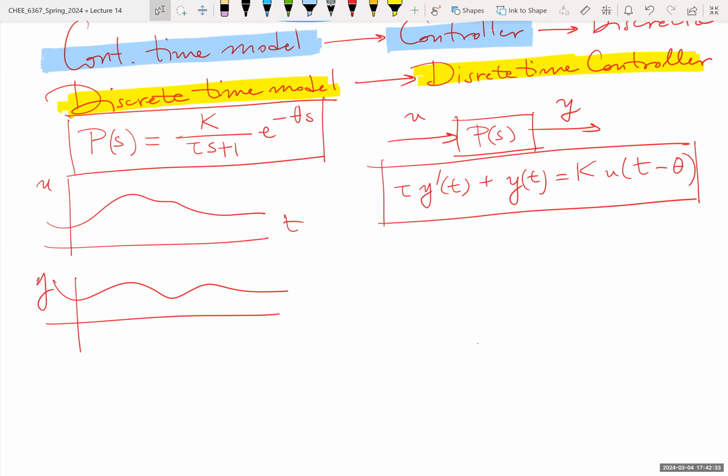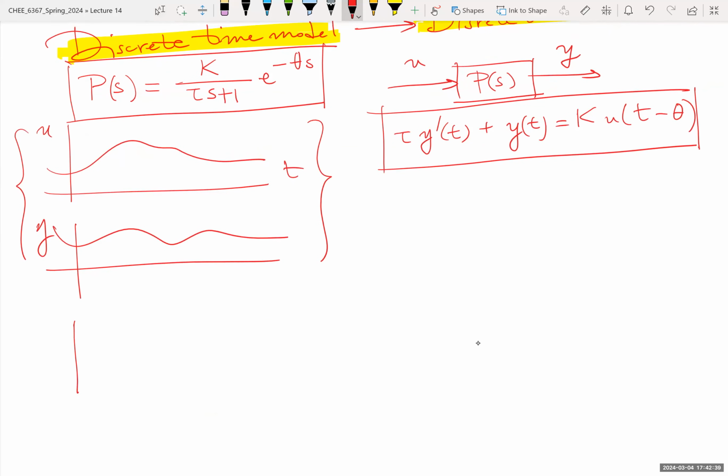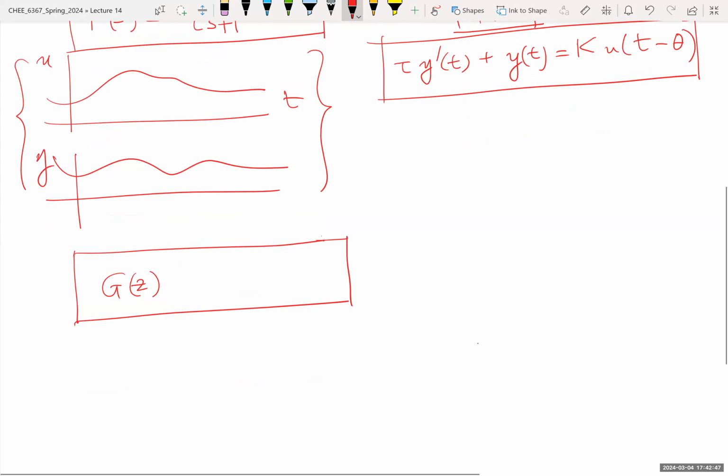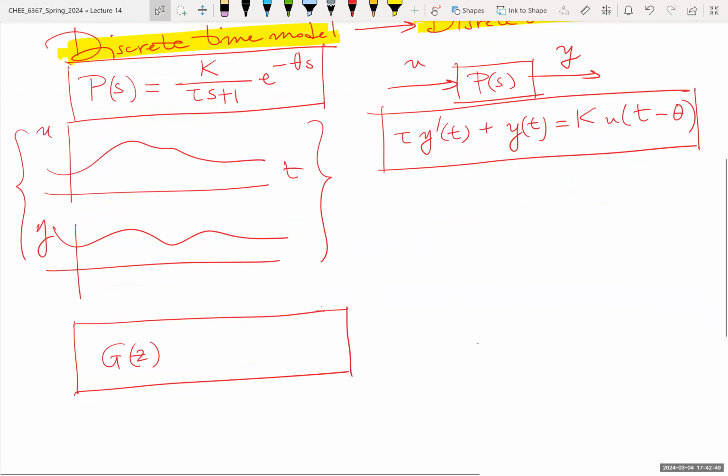Rather than doing this and approximating, I can find directly a transfer function G of Z that says, I'll write it in a second, but I'll explain what this transfer function does.